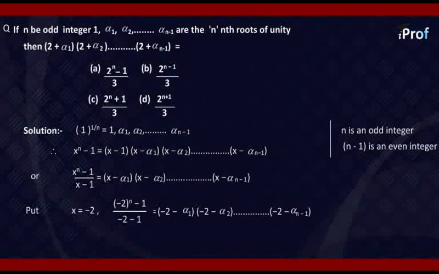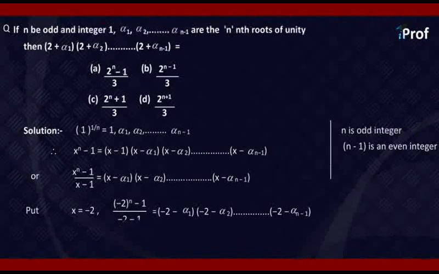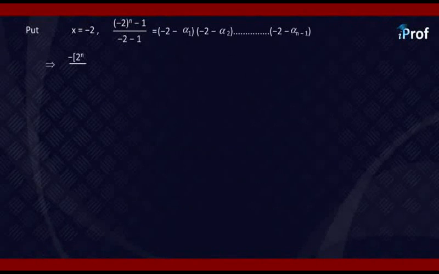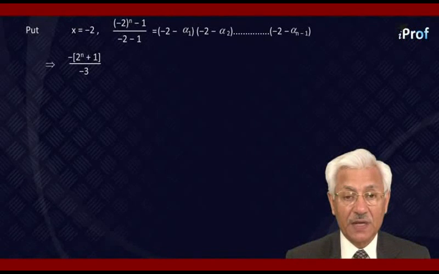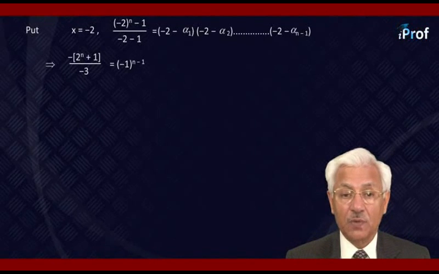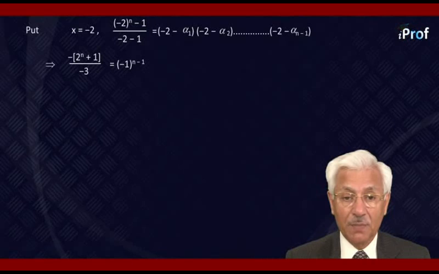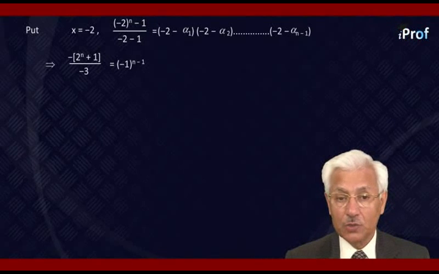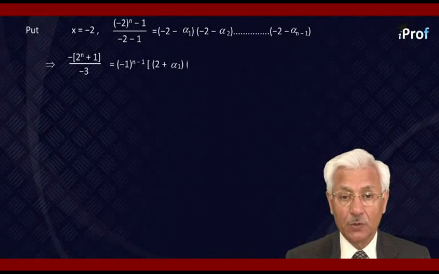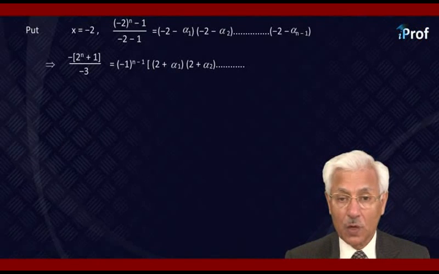Now, pulling out the minus sign, we get minus times (2^n + 1) upon minus times 3, and in all the factors on the right-hand side, we get (-1)^(n-1) because there are n - 1 factors, times (2 + alpha 1)(2 + alpha 2) and so on up to (2 + alpha n-1).